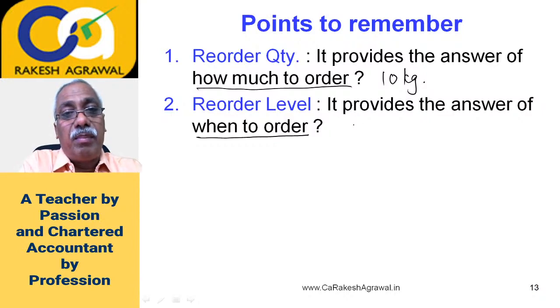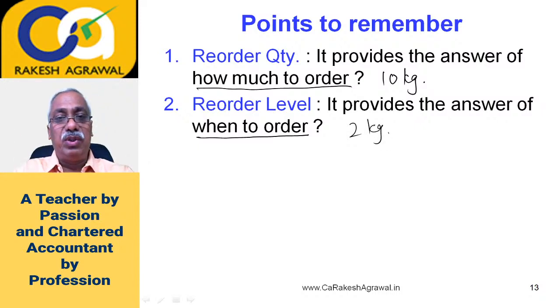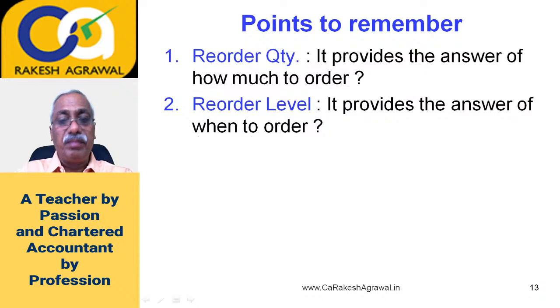For example, if your sugar stock reaches the 2 kg level, it means after consuming the sugar, if the sugar left in your house is only 2 kg, at that time you will give the order for 10 kg. So how much will you order? 10 kg. That is reorder quantity. When will you order? When the stock reaches a level of 2 kg. That 2 kg is reorder level.